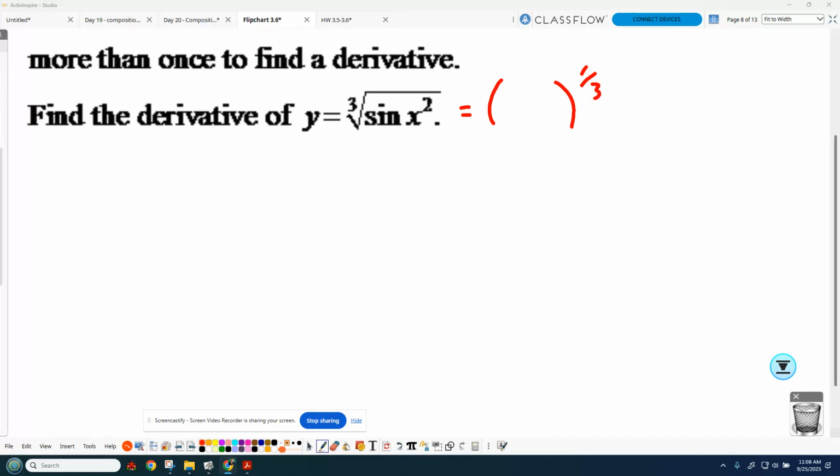So we multiplied by the power, lowered the power. Now we gotta work our way inside. What's the derivative of the next function? Is it the orange one or the purple one? So how do I do the derivative of sine? Cosine. So x squared. Okay, one step, derivative of sine is cosine, we leave that inside alone.